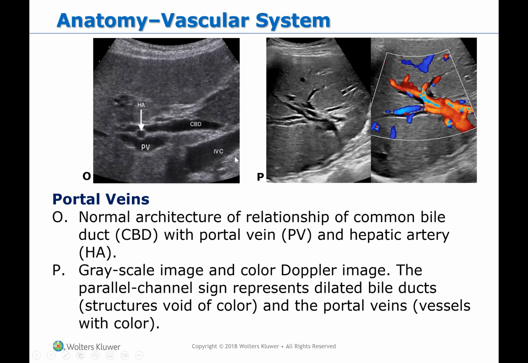O is a normal architecture sagittally of what you're going to see. You're going to see the common bile duct. The hepatic artery runs perpendicular to both of these, so you're going to see it as a little circle, and then the portal vein here.